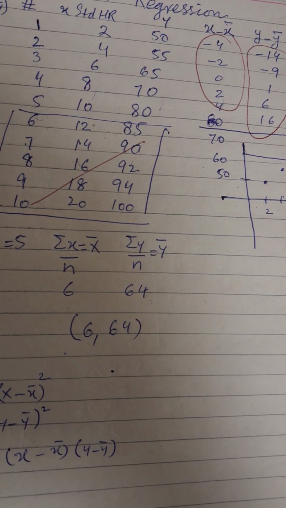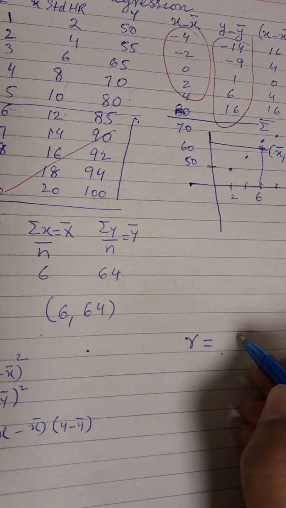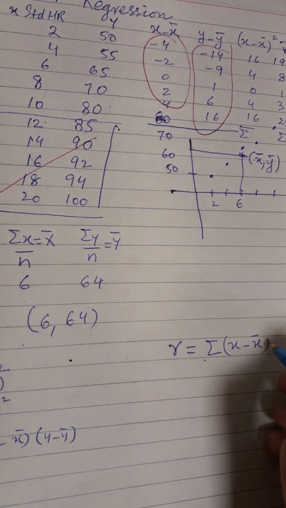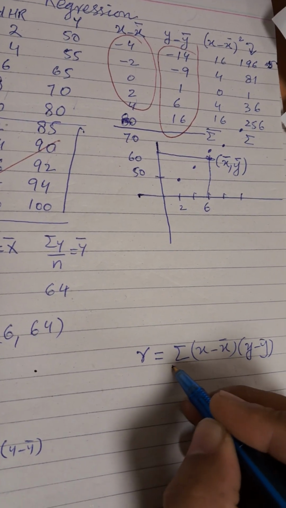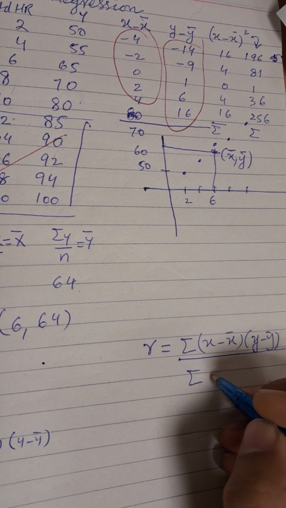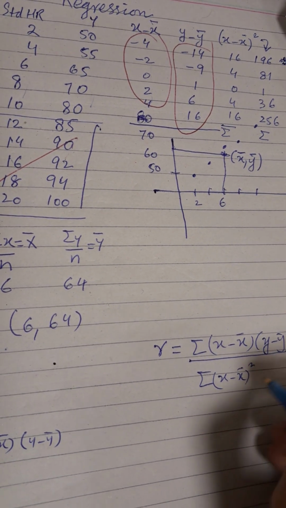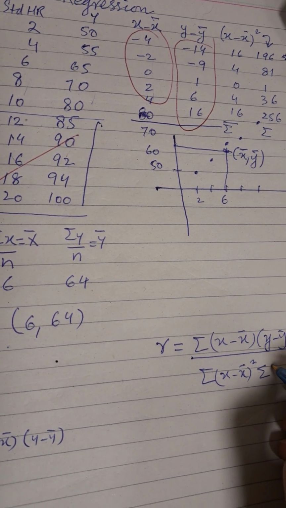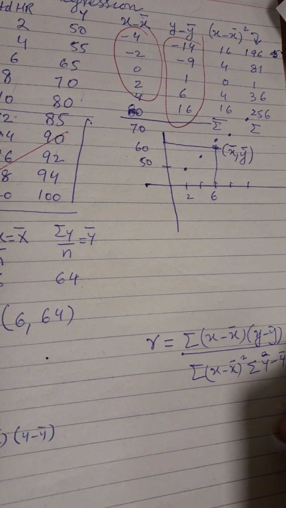This is called the correlation coefficient, written as R, equal to the sum of the product of differences, in quotient with the square root of the product of the sum of squares of differences and the sum of squares of differences.